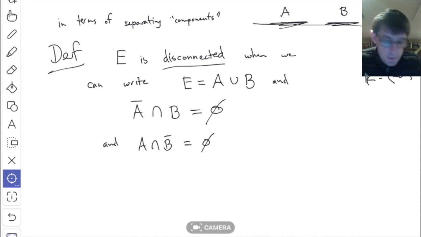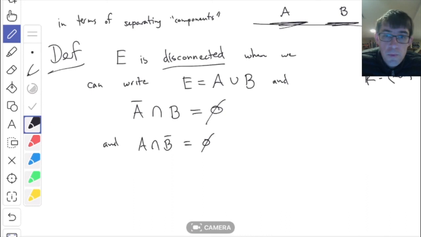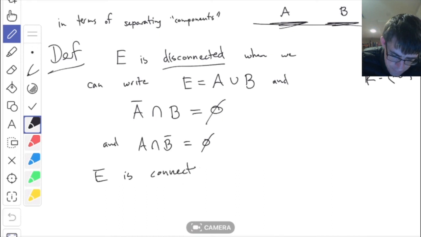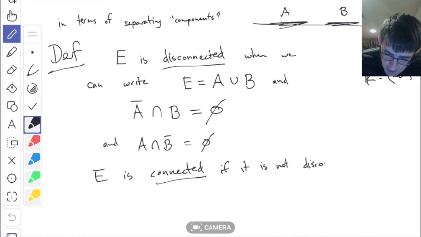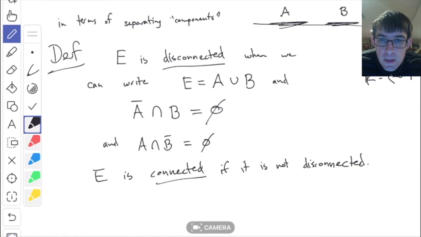This is the definition of disconnected, and then the definition of connected is just the opposite of that. E is connected if it is not disconnected. So using this definition, it's much easier to show something is disconnected than it is to show something is connected. All right. But this is the definition of connected.